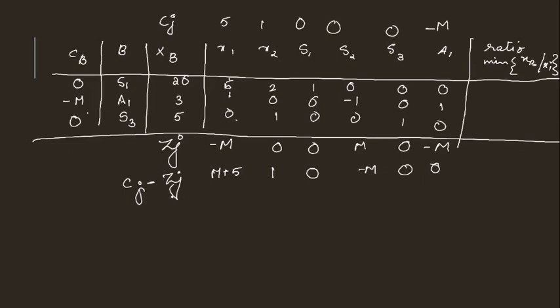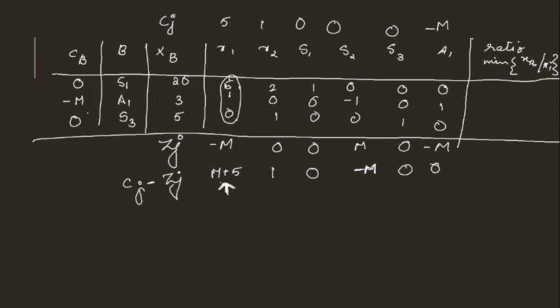Now this is a maximization problem, and in a maximization problem what is the condition that you have to follow in order to find out your key column? In order to find out the key column, you have to understand which is the maximum value in Cj minus Zj. So here the maximum positive value that I get is M plus 5. So this is my key column.